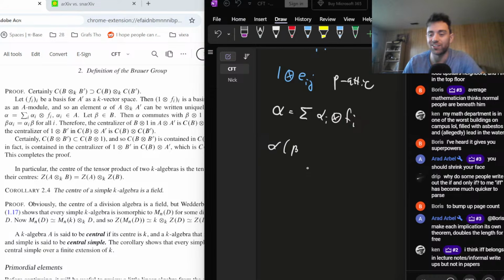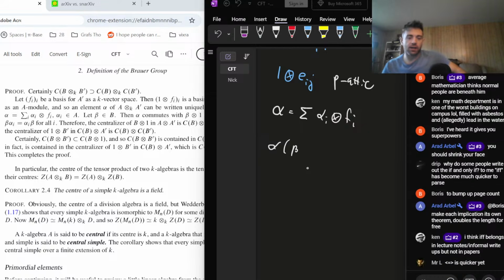Make each implication its own theorem? Yeah, it's a matter of formality. No, Mr. L, that's even worse.